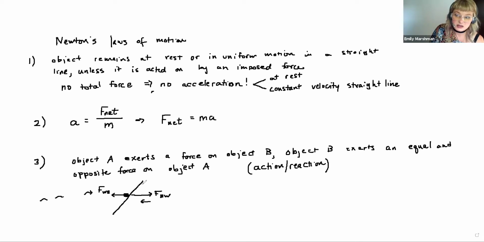Well, why does the bug splatter? I mean, what's the difference here? The forces are the same, their directions are opposite, but the size of the force is the same. The force of the windshield acting on the bug is the same as the force of the bug acting on the windshield.